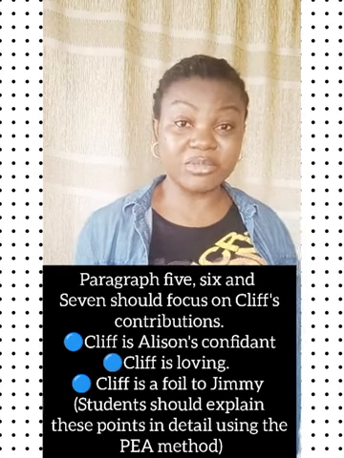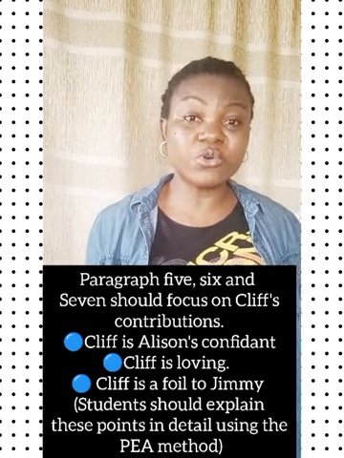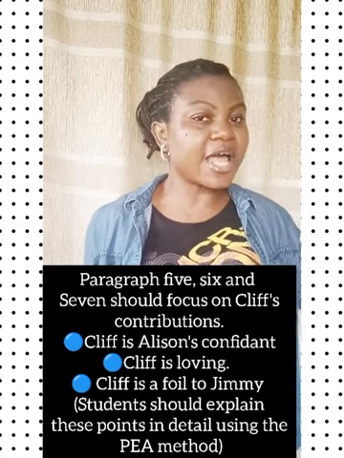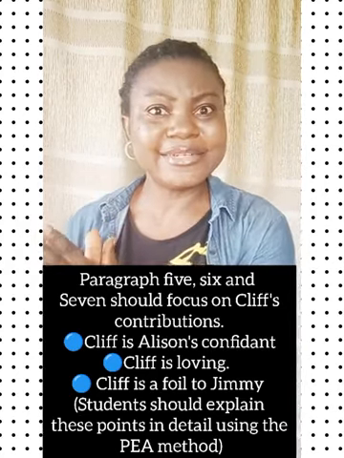While Jimmy does not openly show love to Allison, Cliff, on the other hand, shows love openly to Allison. So these are the points that you put down when it has to do with Cliff's contribution to the development of the plot.